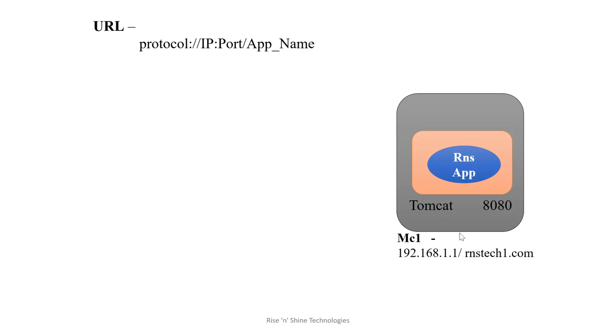Suppose from the server and service point of view, if you construct the URL: HTTP is the protocol, then the system IP address, something like 192.168.1.1, then the port it is running on, 8080, and the application name, just think RNS. If you hit that, then you can access this application.